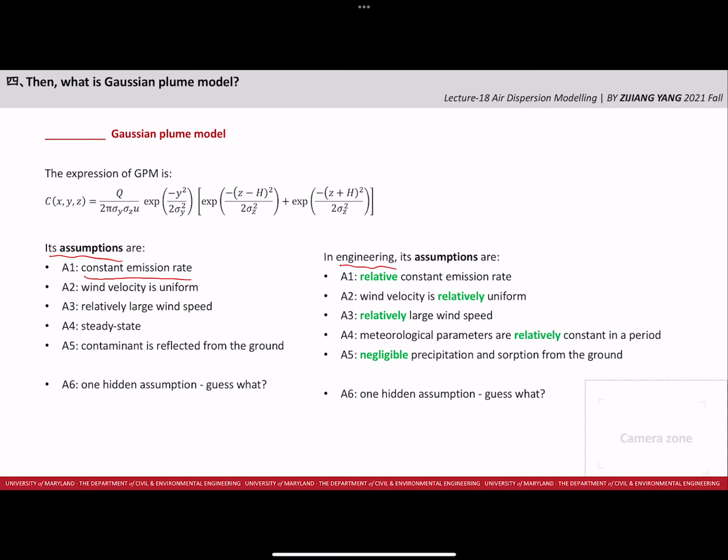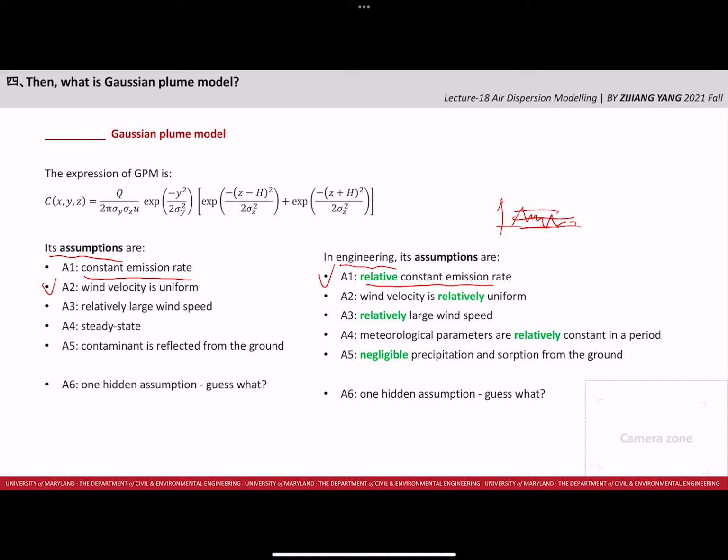For the first one, we can say that the emission rate is relatively constant. It may have some fluctuations, but as long as the fluctuation is small, then we can use it.